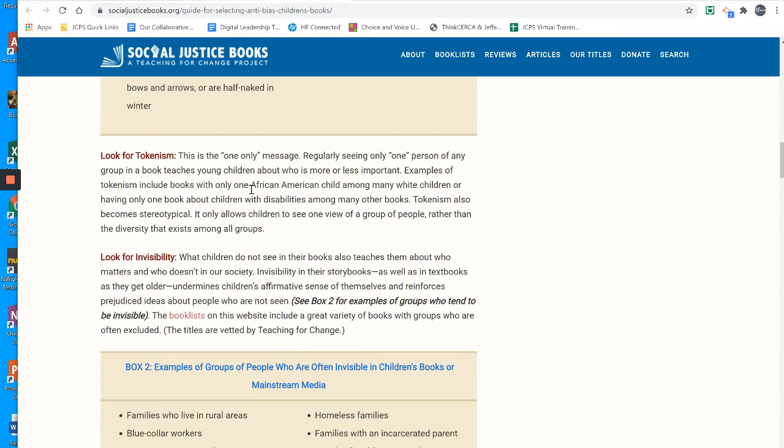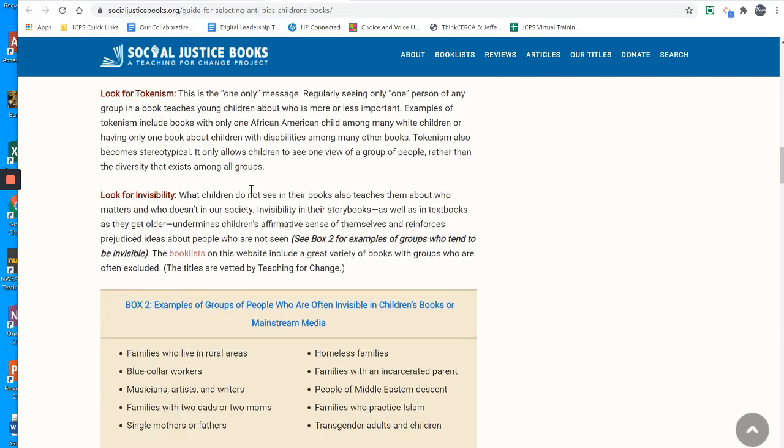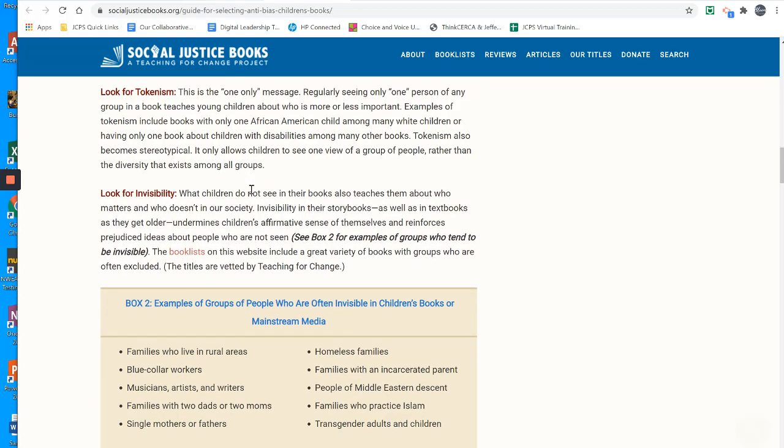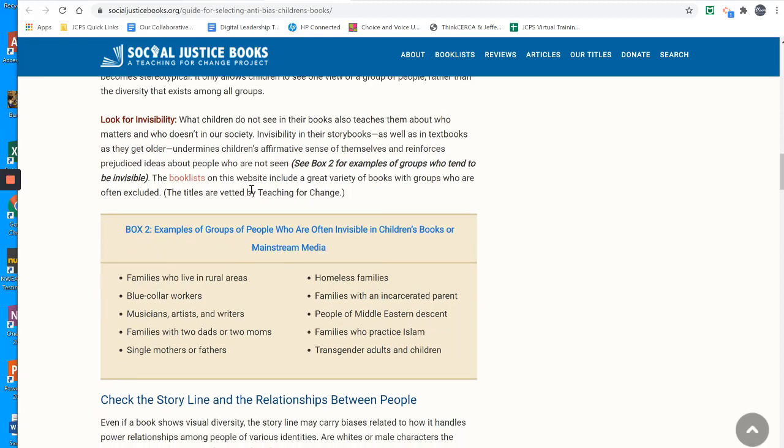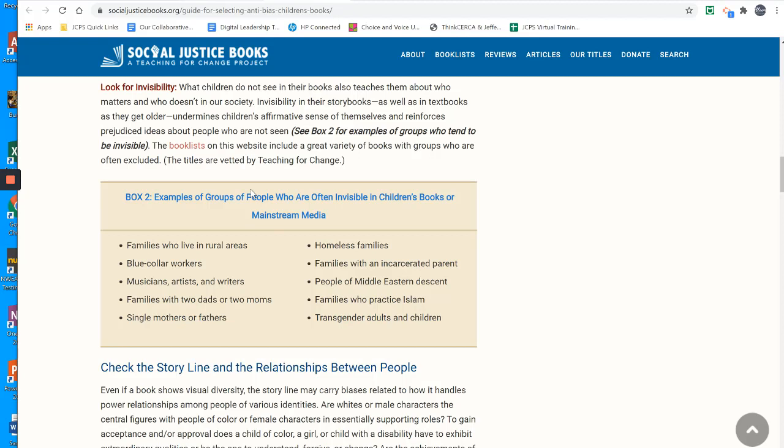We want to look for invisibility, meaning there are certain populations that are simply excluded from our collections, from the text that we're using most in our classroom. And here, once again, are some of those groups that remain invisible largely in children's books and in mainstream media.